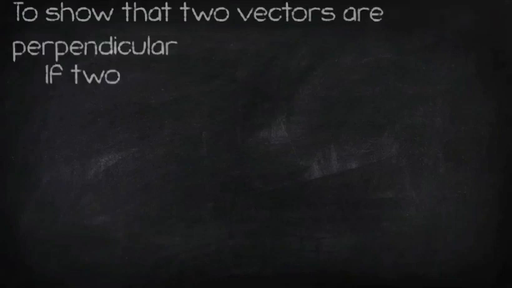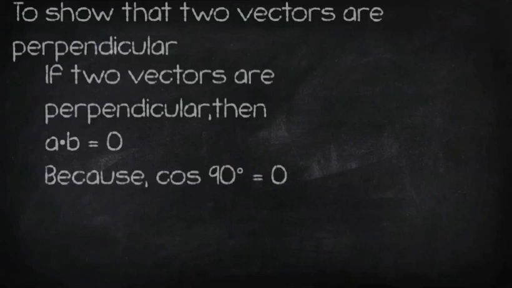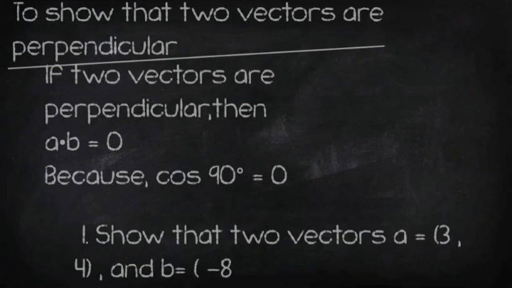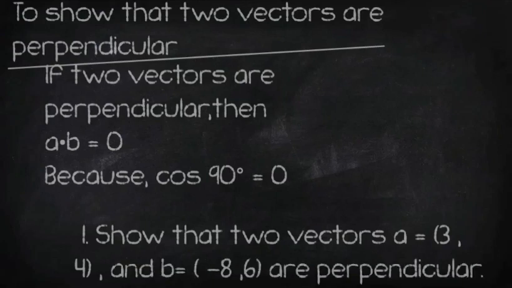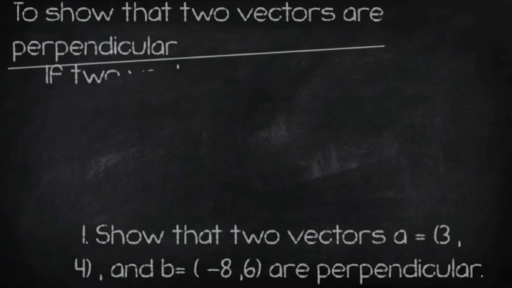To show that two vectors are perpendicular: if two vectors are perpendicular, then A dot B is equal to 0 because cos theta is 0. Show that these two vectors, A equal to (3, 4) and B equal to (-8, 6), are perpendicular. You know the condition it must satisfy: A dot B should be equal to 0.